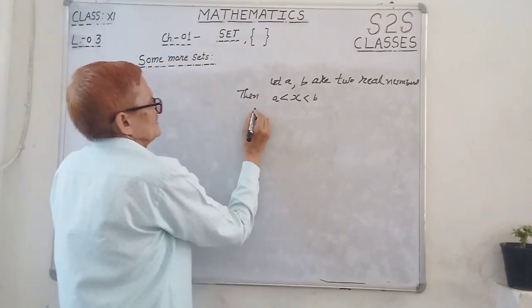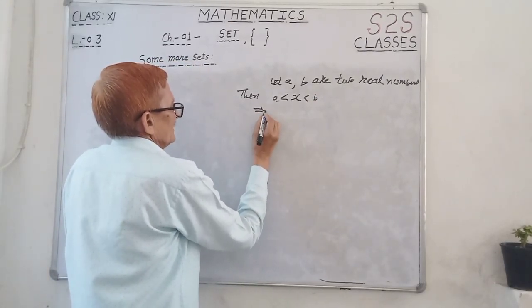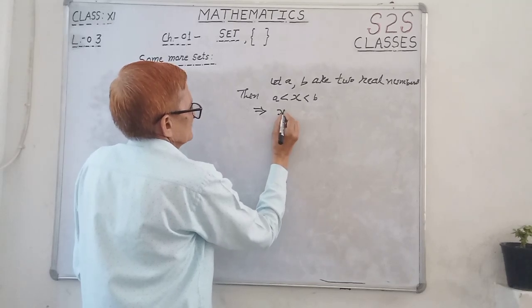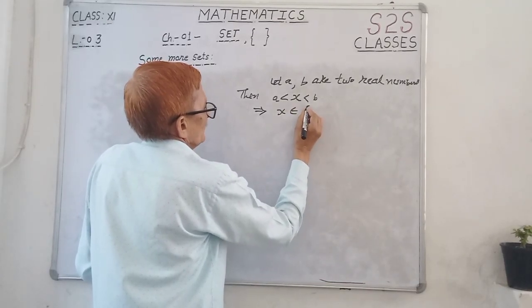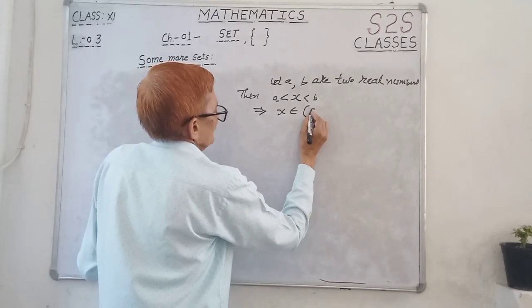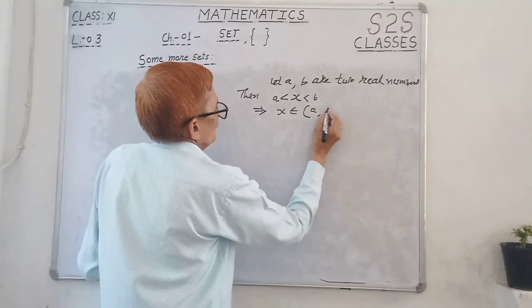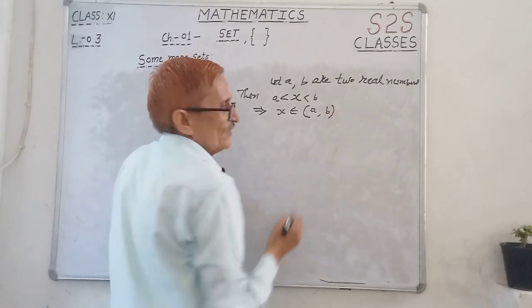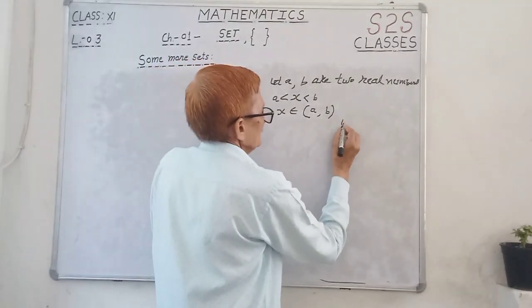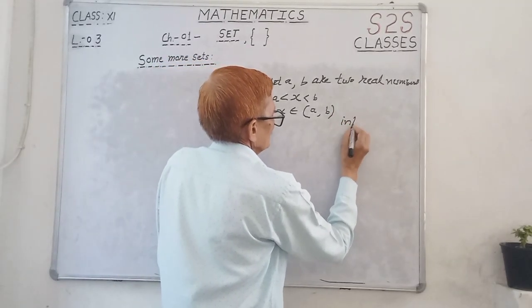How can we write this? We write x belongs to the open interval (a, b). This is called interval form.